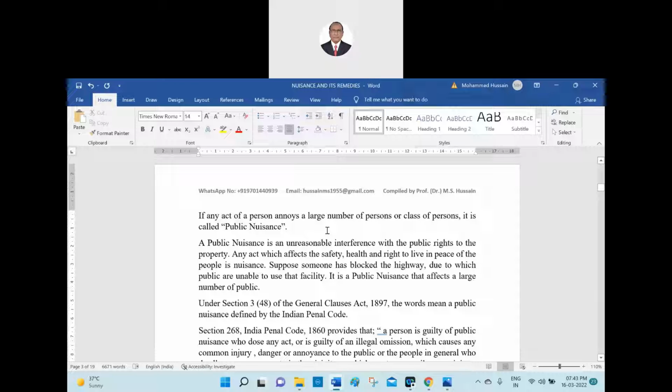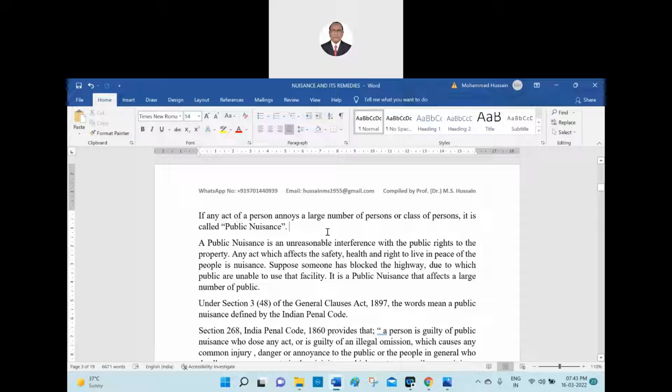Is a road accident a private nuisance or a public nuisance? It is a public nuisance, because the public at large use the road. Like in the beginning they showed one or two vehicles, then a third crashed, the police stopped, creating a jam, and hence it is a public nuisance.